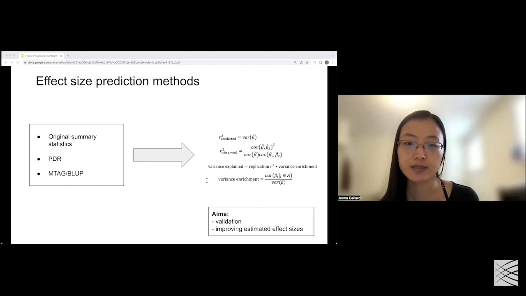For asthma, T2D, and CAD, we were able to calculate predicted replication R², and for asthma and T2D, which had available out-of-sample data, we also calculated observed replication R². Additionally, we calculated variance explained, which gave us a measure of the replication R² for subsets of SNPs binned by their effect size. So overall, this analysis aimed to both validate our model as well as improve effect size estimates.